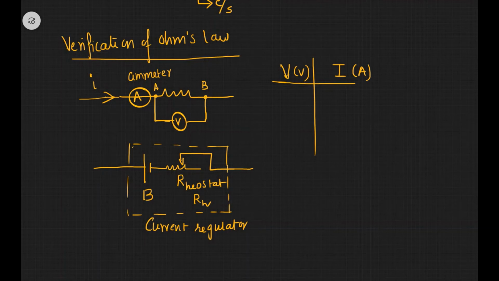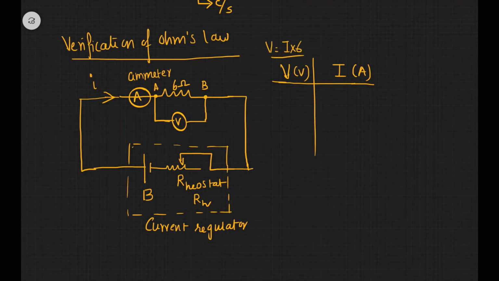So we set this up, connect it to the circuit, and then record various values of I and V. Let's say the resistance is 6 ohms. For varying values of current, you should get a voltage equal to I into 6.